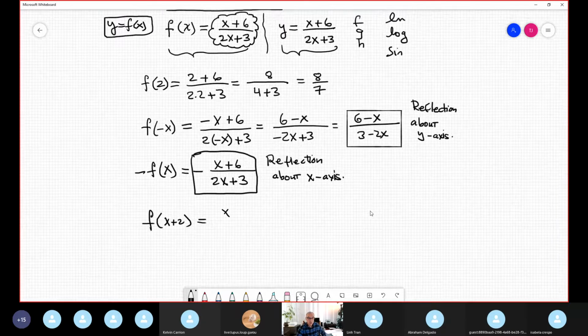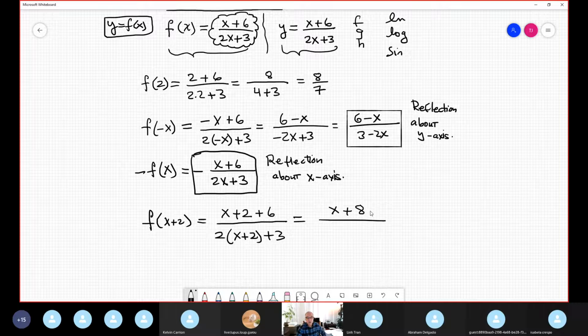So, x plus 2 plus 6 over 2 times x plus 2 plus 3. Then x plus 8, because 6 plus 2 is 8, you apply the distributive property to get 2x plus 4 plus 3: x plus 8 divided by 2x plus 7.